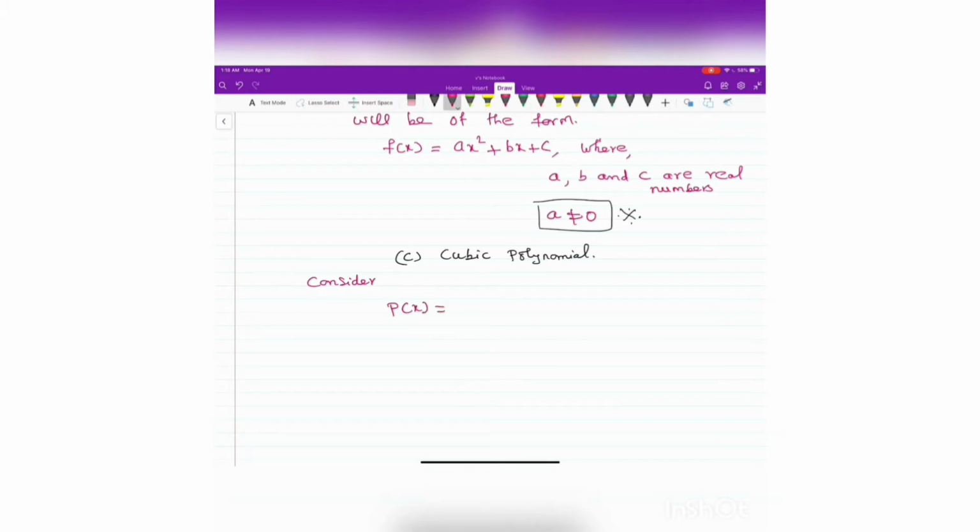P of x is equal to minus 5 x cube plus 4 x square minus 2 by 3x minus 1. If you see this polynomial, the highest power of x is 3. So here the degree is 3. When the degree is 3, then that polynomial is called a cubic polynomial. So this polynomial is called a cubic polynomial.